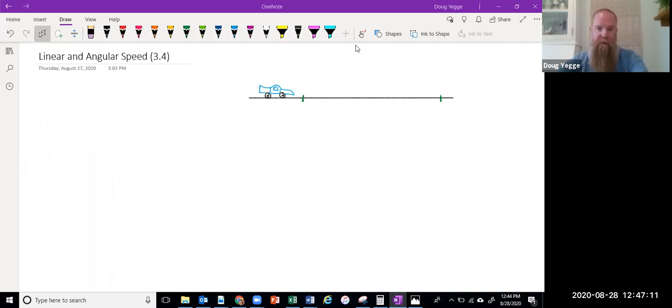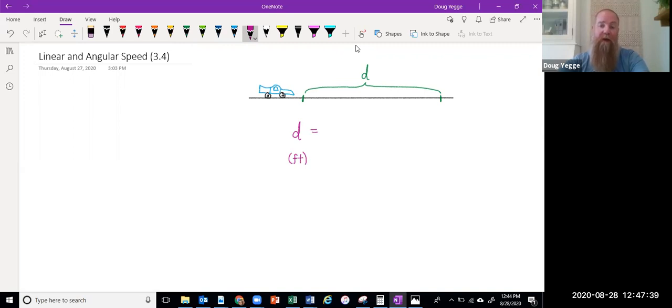So we have to first of all recognize that over a certain distance, which we'll refer to as D, it took a certain amount of time for this car to get to a certain location. So let's say that we look at the distance traveled, which might be in feet, for instance.